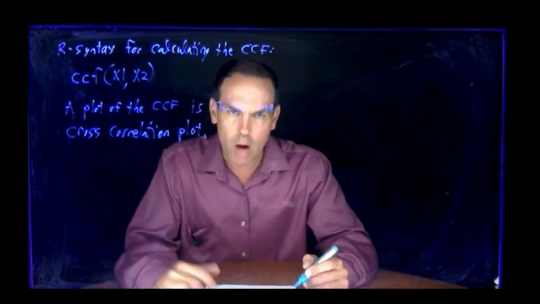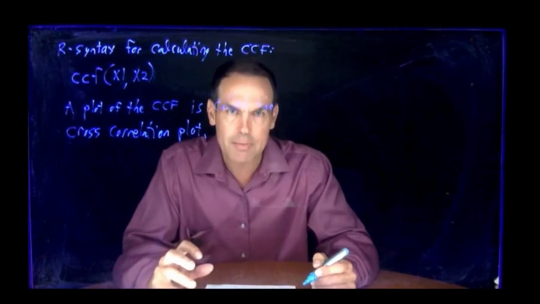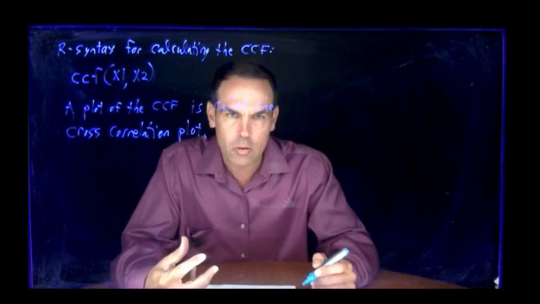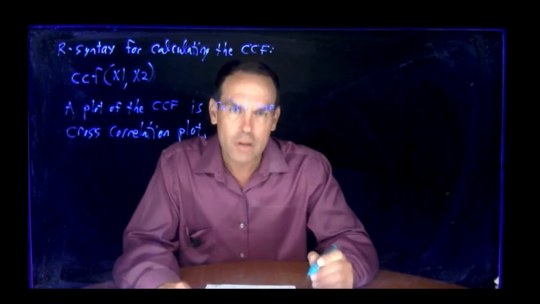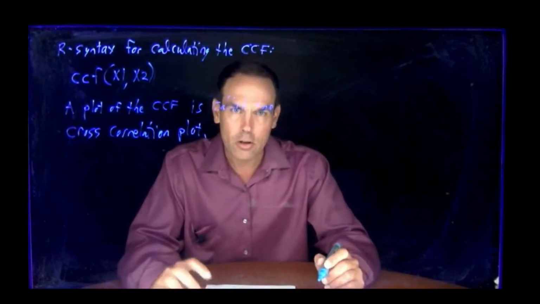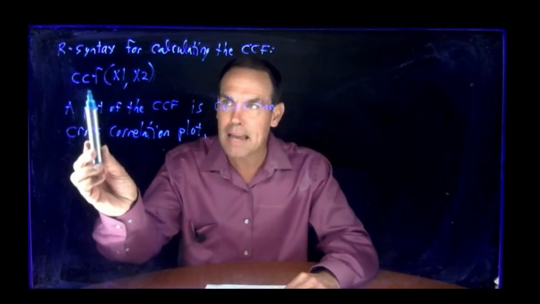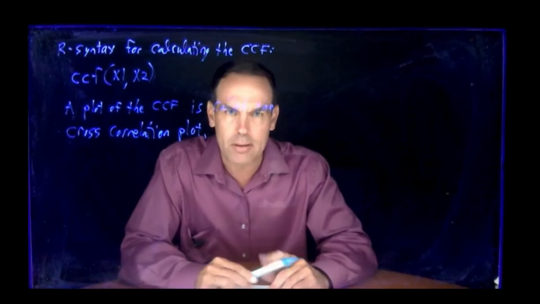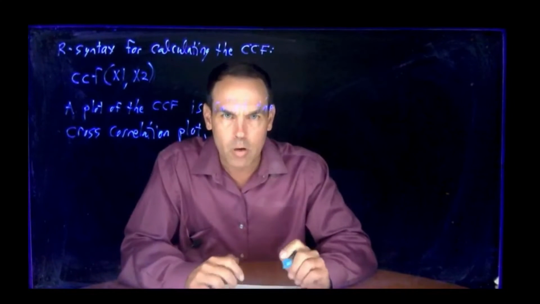But there are other authors and possibly other software packages who do the opposite, meaning that they calculate the cross correlation coefficient using the time shift on the second variable. Okay? And if that's the case, you're going to have to reverse your syntax. In other words, instead of saying CCF x1, x2, you would turn that around and say CCF x2, x1.